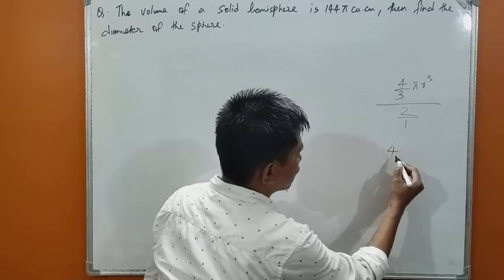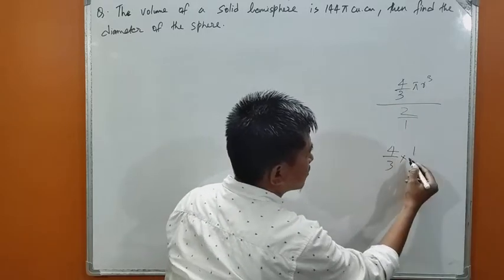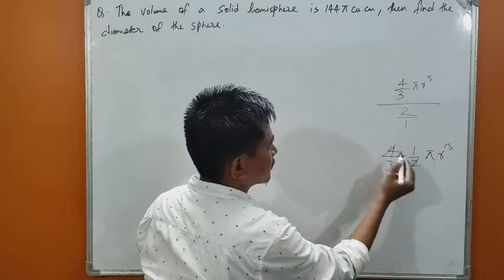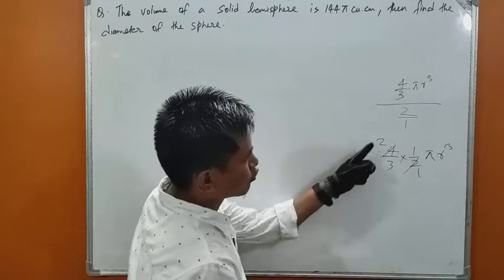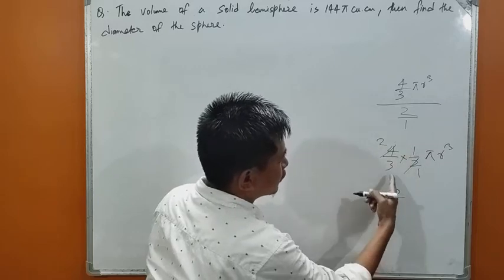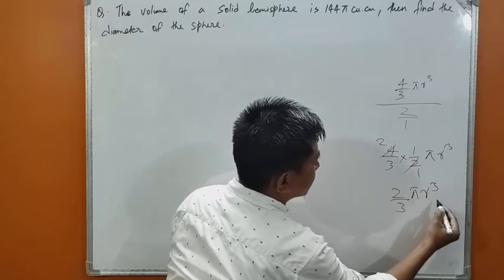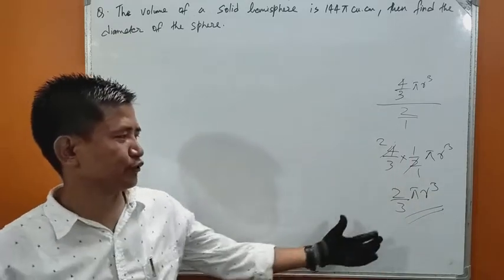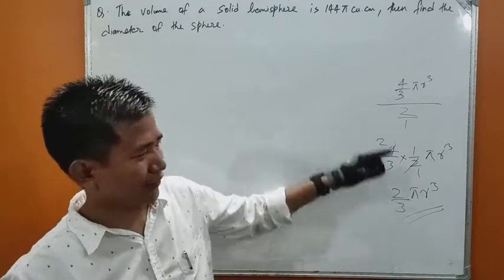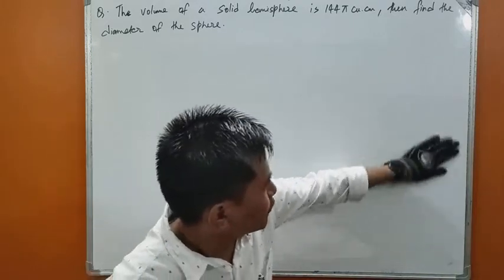So this becomes 4 upon 3 into pi r cube divided by 2. 2 1s are 2, 2 2s are 4, so 2 upon 3 pi r cube is the volume of the hemisphere, where r is the radius of the sphere. I hope you got this.